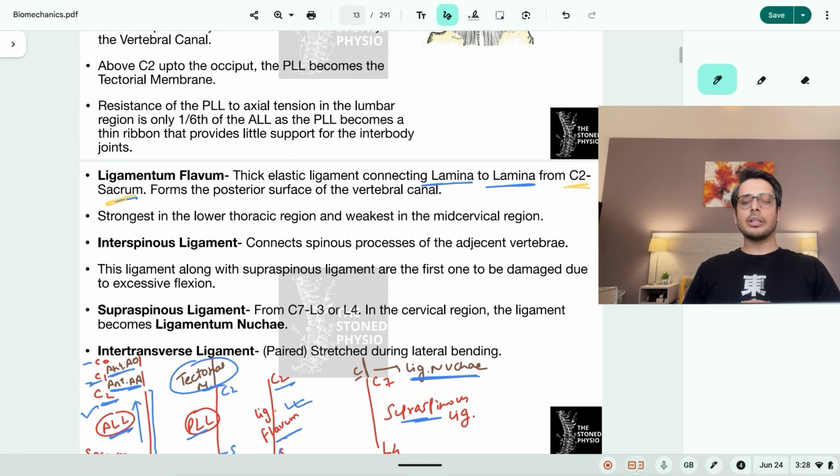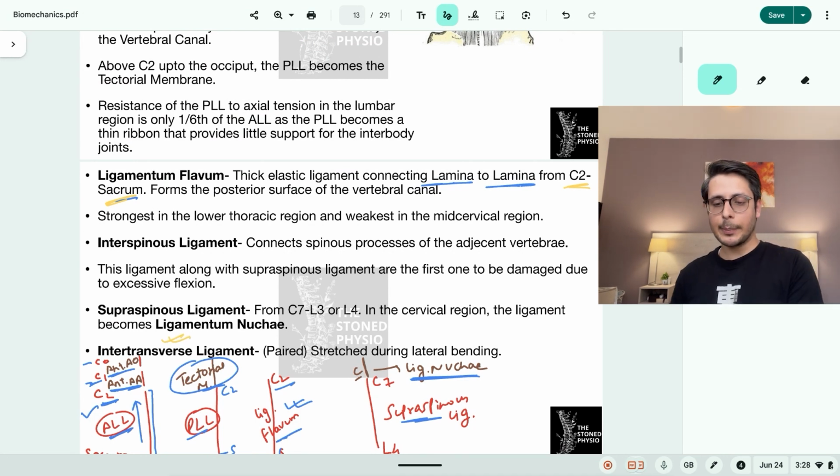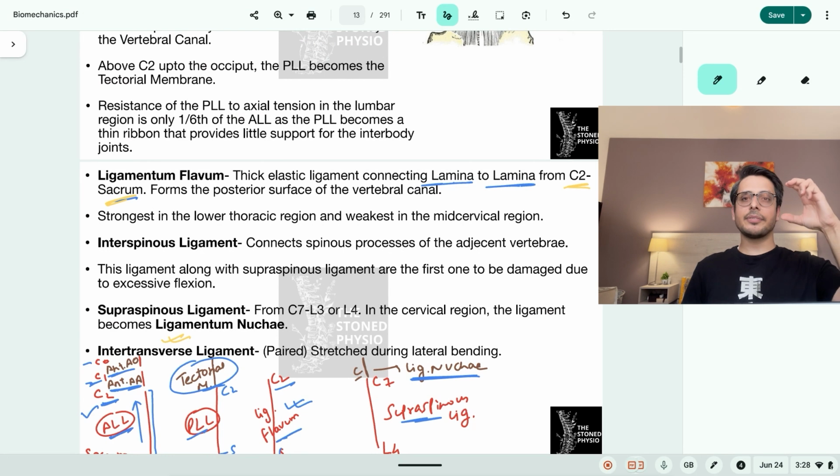We know that we have a bunch of muscles attached between each vertebra, and of course we have these ligaments as well, but both of them function in different ways. For example, let's say this is one vertebra and this is another vertebra, and there is a ligament attached between them, for example the intertransverse ligament, which is between the transverse processes of the superior vertebra and the inferior vertebra.